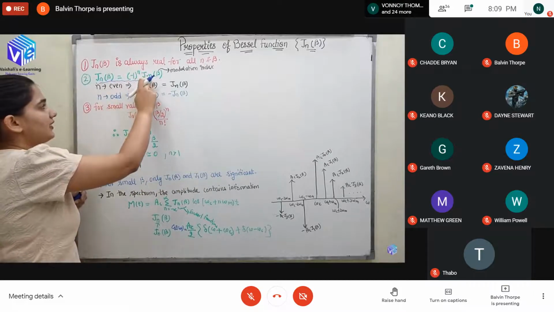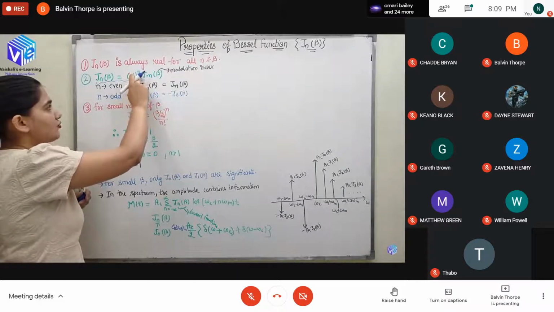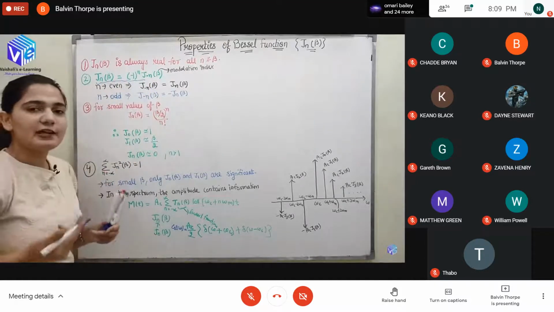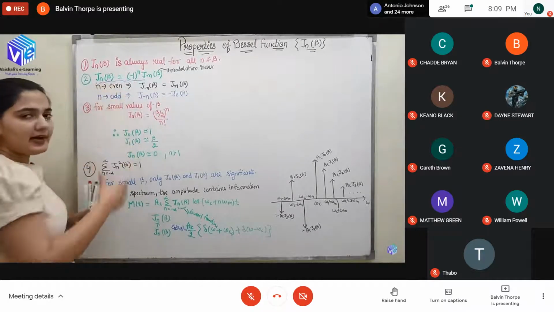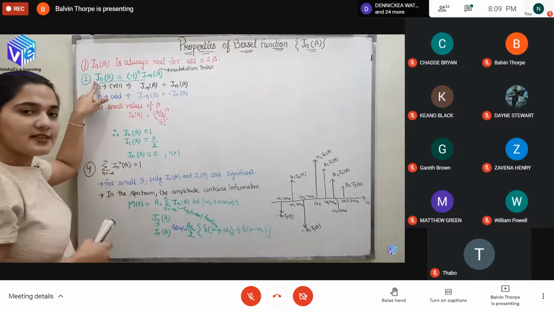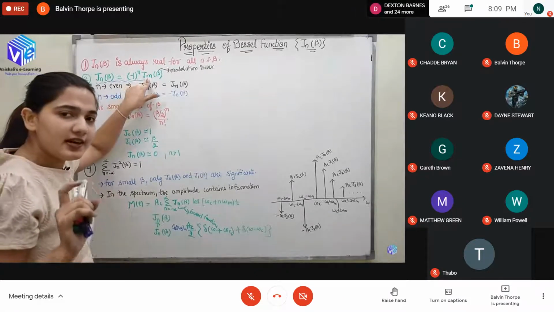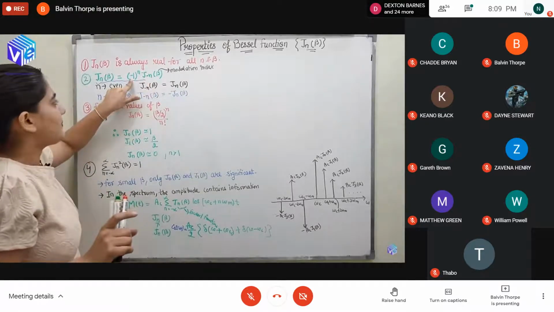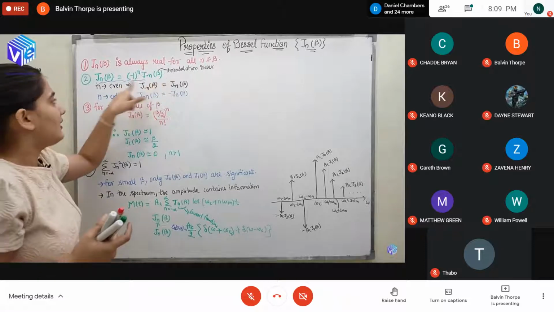So J of negative n, into minus 1 raised to power n, is equal to the positive value of n's Bessel function. So Jn of beta represents the value of the Bessel function at positive n. This represents the value of the Bessel function at negative n. So when I multiply it with minus 1 raised to power n, I'll get Jn of beta.